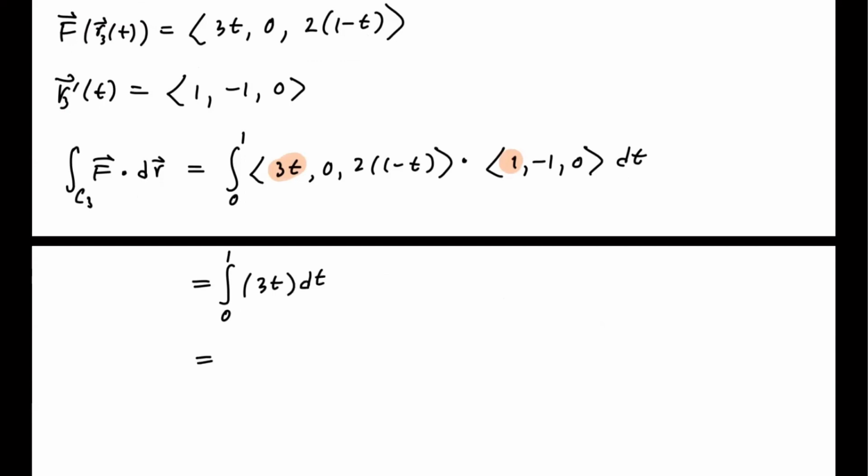And this is pretty nice. This is 3t squared over 2, evaluated from 0 to 1. If you plug in 1, you will have 3 over 2. If you plug in 0, you get 0. So we got positive 3 over 2 for the line integral along C3.